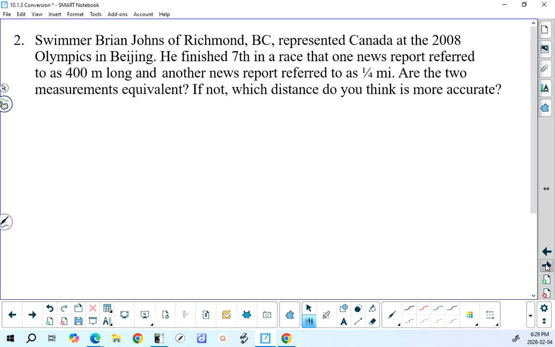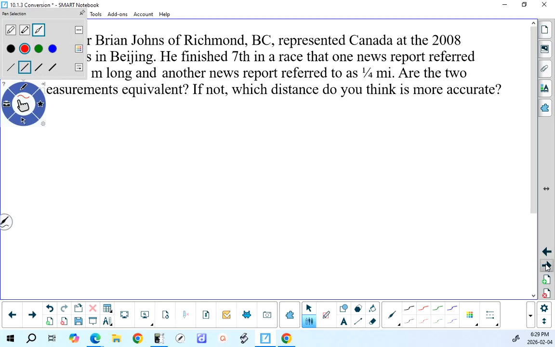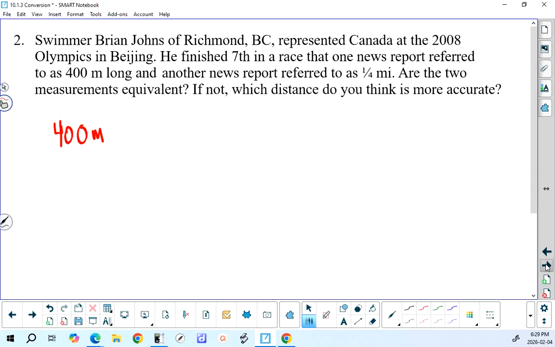Again, saving a bit of time, let me explain what's going on here. There's a newspaper report in one newspaper that says somebody swam the 400-meter race, and then in another newspaper they refer to the exact same race and they say it was a quarter mile, which is 0.25. And the question is, are the measurements equivalent?